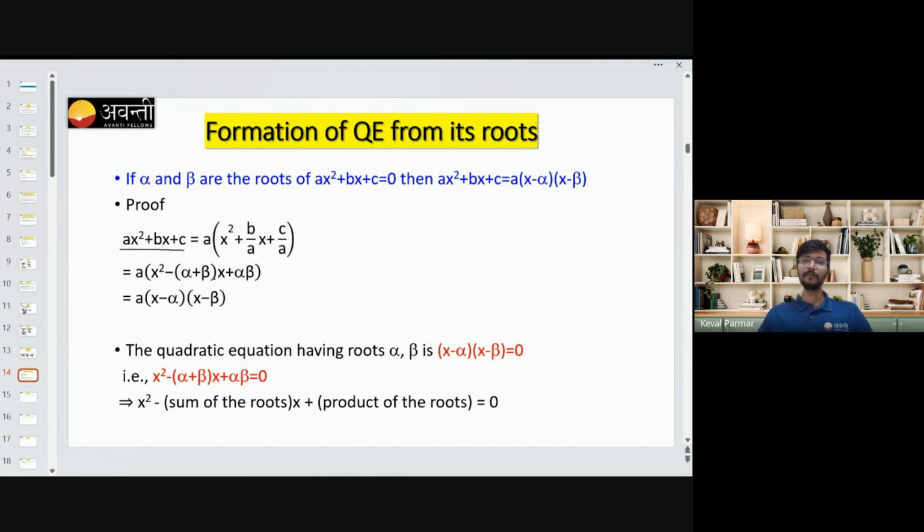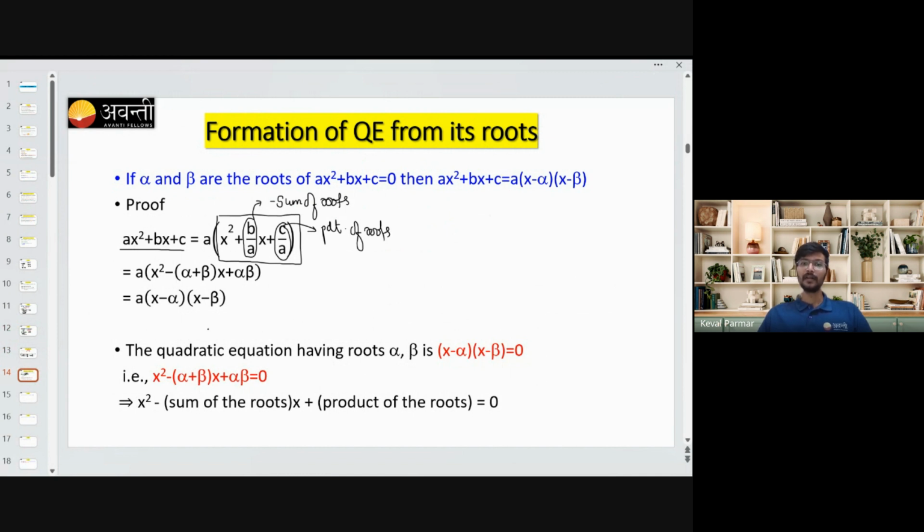I took a common, and if you check it, this part is nothing but minus the sum of the roots, because the sum of the roots is minus b by a. This is the product of the roots, which is c by a.